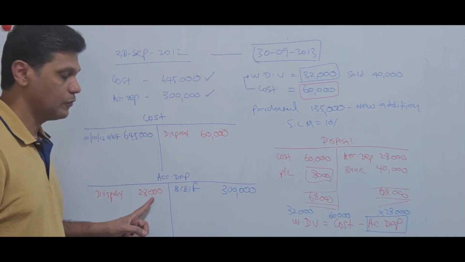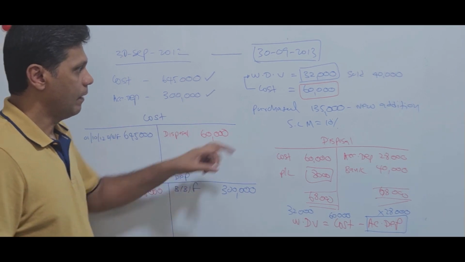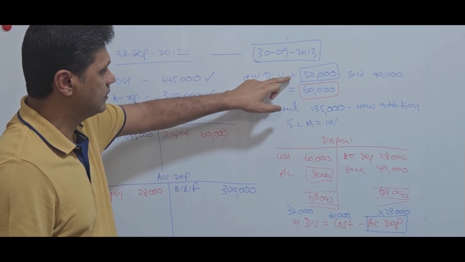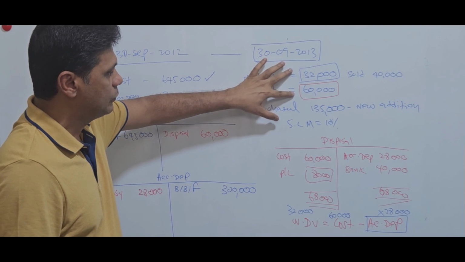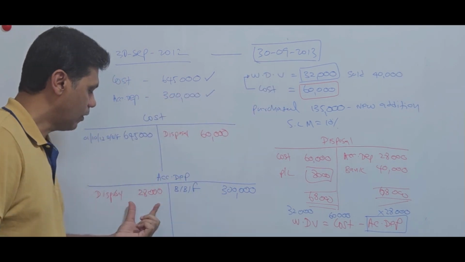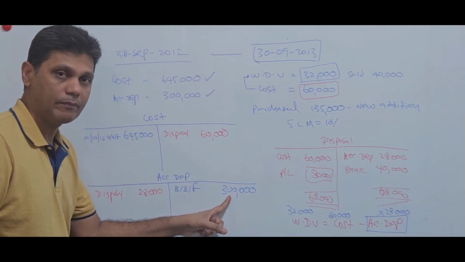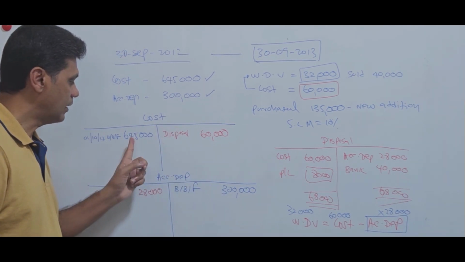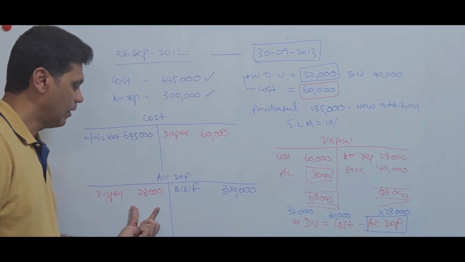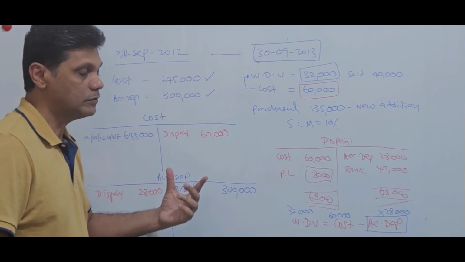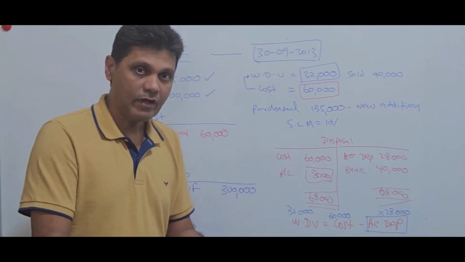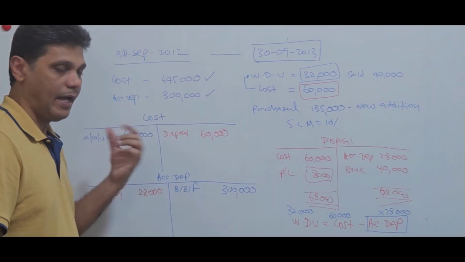You need to identify it by deducting cost minus the written down value, which is 28,000, and remove it from the opening balance. 60,000 was there in the opening balance, that we have removed from this account because we need to identify the carrying value of this particular asset.